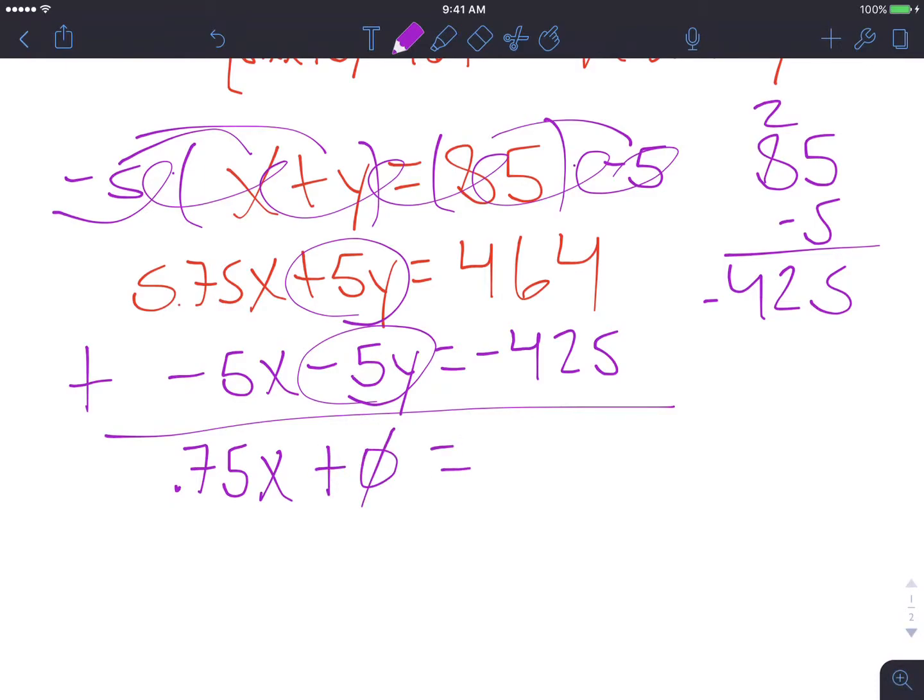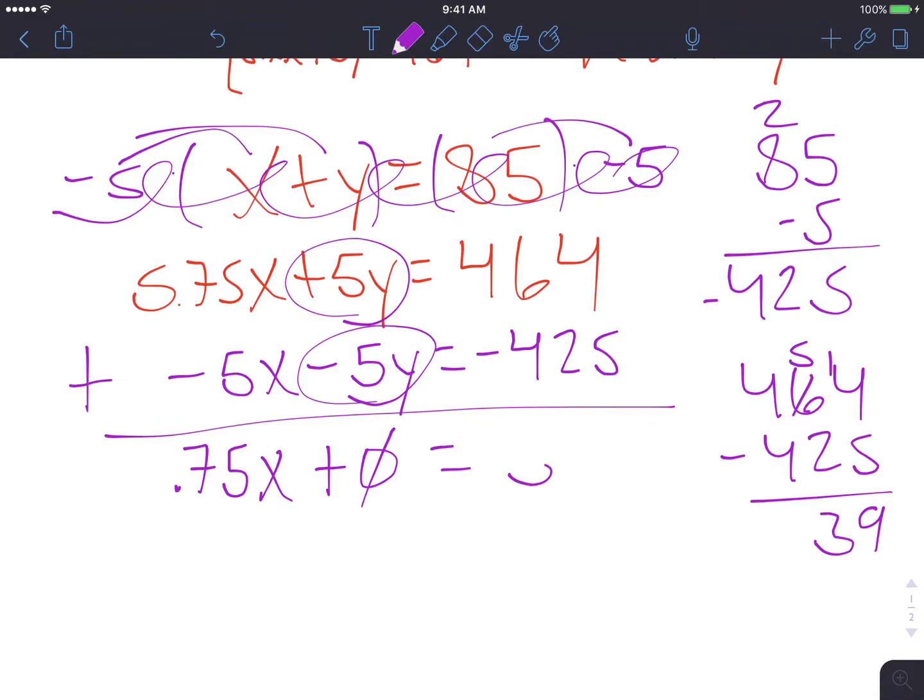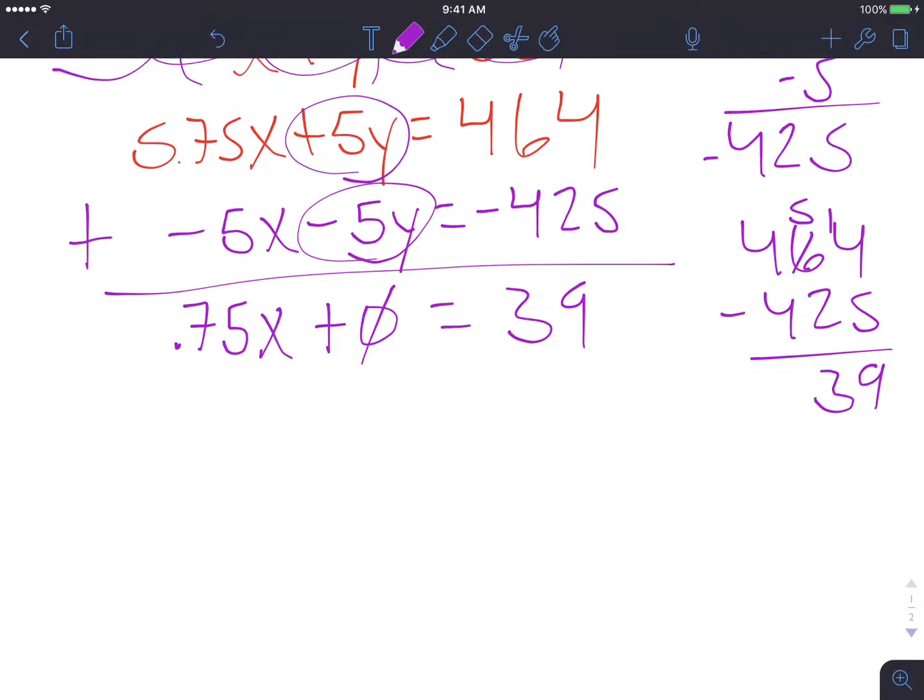So I'm just going to plus 0 equals 464 minus 425. We're going to borrow, and we get 39. So I'm just going to rewrite it, make it look a little nicer. 0.75x equals 39.